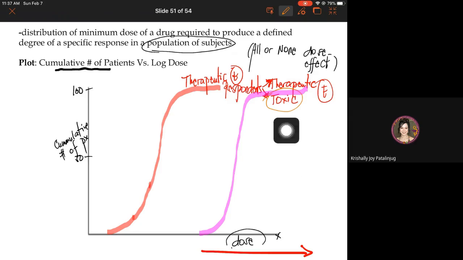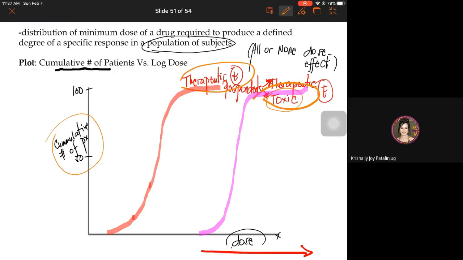Ayan. So yan yung nakikita lang natin sa dose response curve. It only plots the response of a drug to a group of respondents, to a cumulative number of patients, showing a therapeutic effect or a toxic effect as a function of its dose.